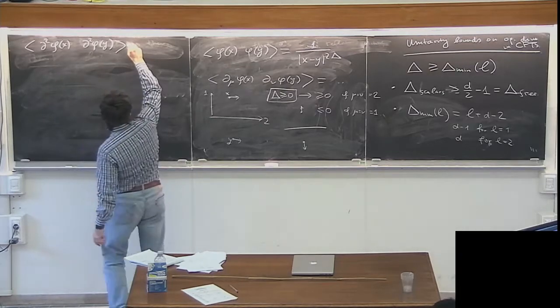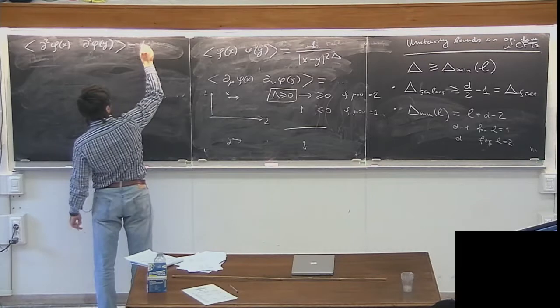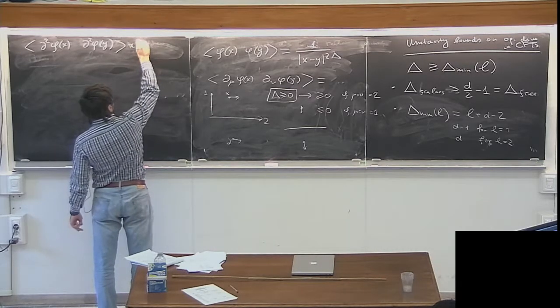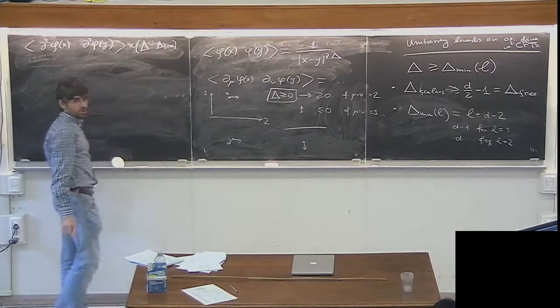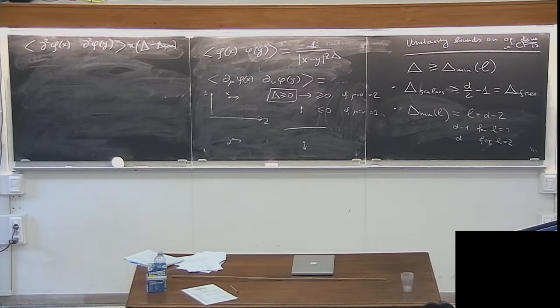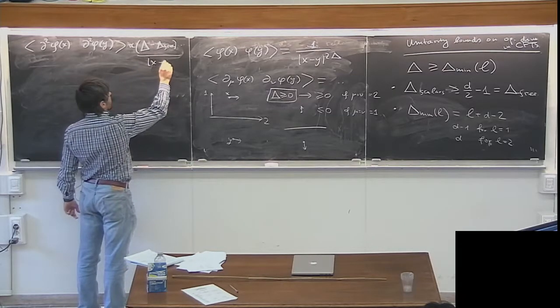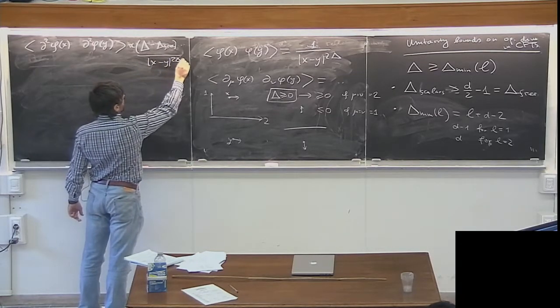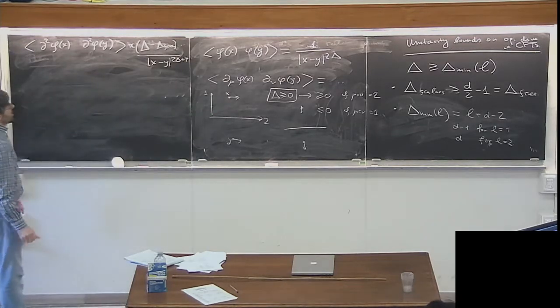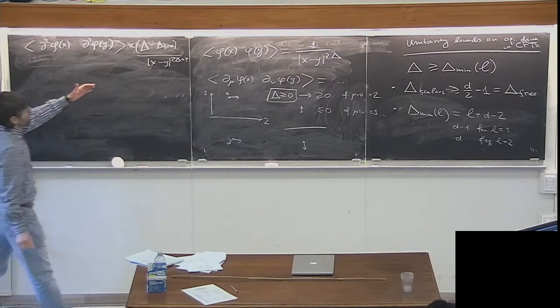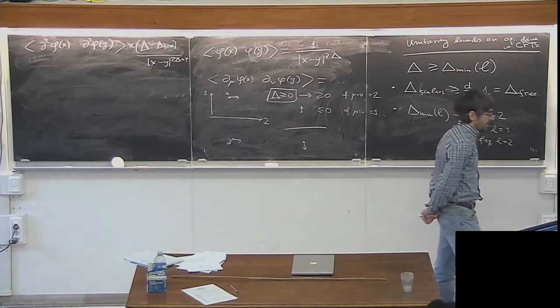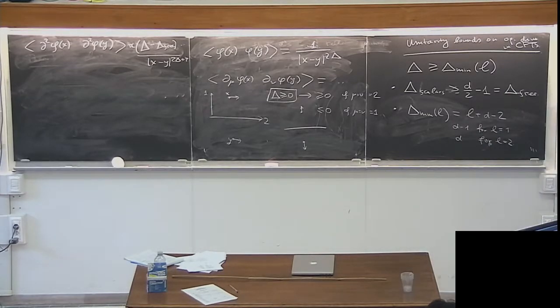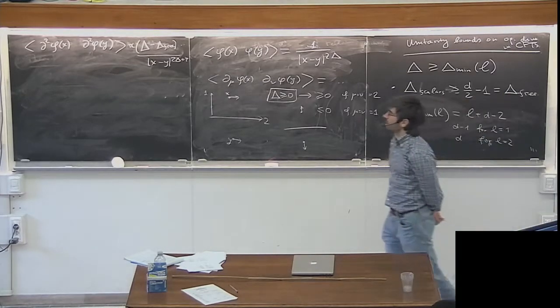And so it's going to be some polynomial which you can work out, but it's going to be proportional to delta minus delta 3, times some other factors that you don't need for this argument. So it's going to be, of course, x minus y dependence here, x minus y to the power delta plus 4. So that's it. You know that if delta is smaller than delta 3, then this is negative, and we have a contradiction. So delta can only be larger than or equal to delta 3.